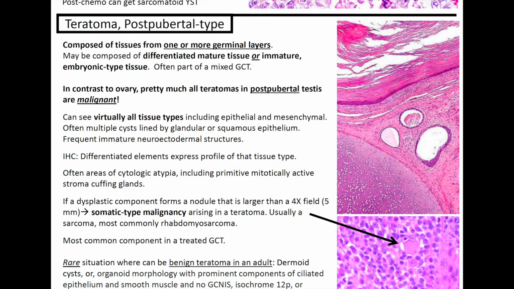Most common component in a treated germ cell tumor is a teratoma. A rare situation where it can be a benign teratoma in an adult is dermoid cysts or organoid morphology with prominent components of ciliated epithelium and smooth muscle, and no GCNIS, isochromosome 12p, or testicular scarring.